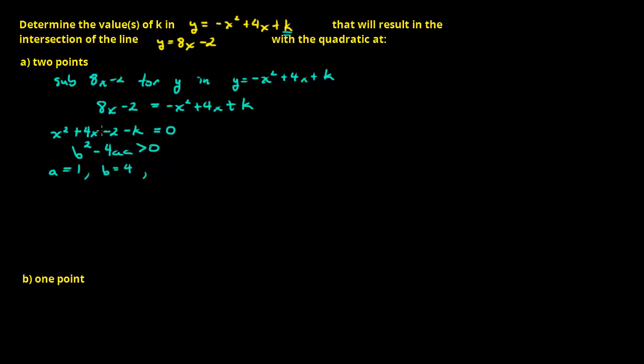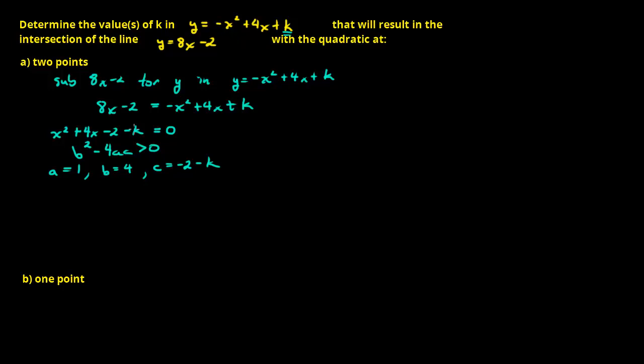And the constant term, our value for c, is a little bit trickier here. c is going to be minus 2 minus k, because negative 2 minus k is the constant term in this quadratic equation.